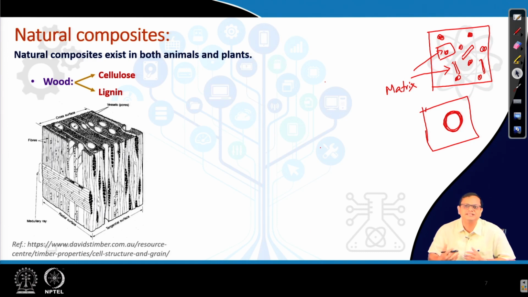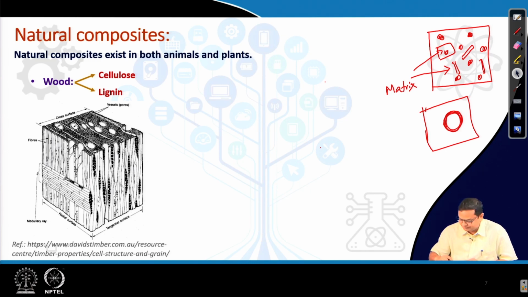That means, in this case lignin is the matrix of a composite material, and this matrix of lignin is reinforced with some fibers, which provide the stiffness of the wood, and these fibers are made of cellulose. So, from the point of view of composite materials, wood is a composite material where the lignin is matrix and cellulose fibers are the reinforcement.